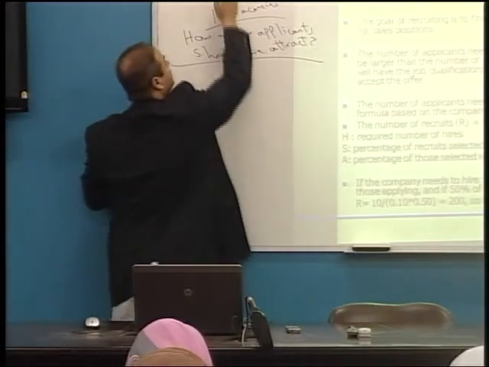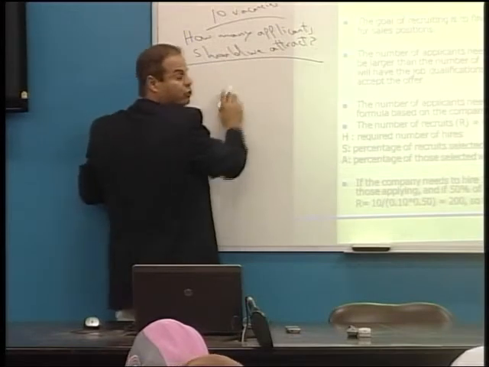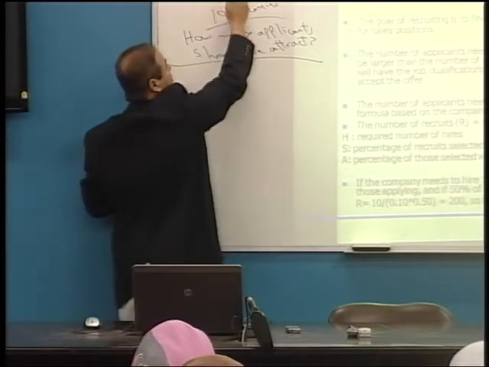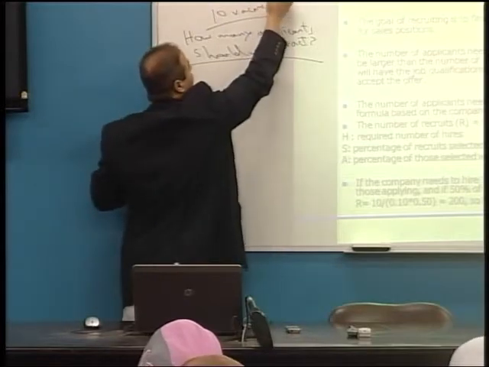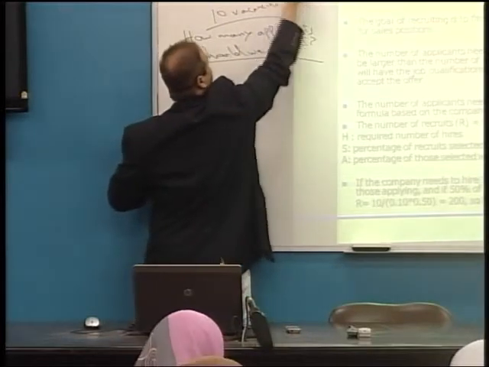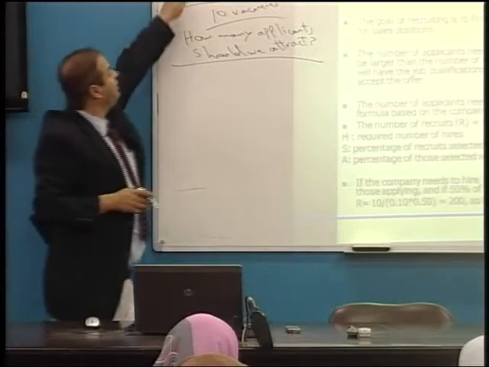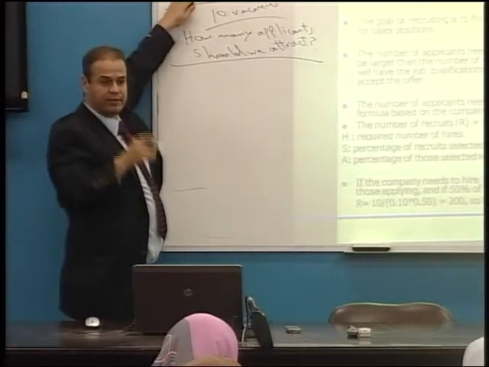Should we attract 11? Should we attract 12? Should we attract 100? Should we attract 1,000? Should we attract 200? And so on. So the number is very important. Let's give an example.